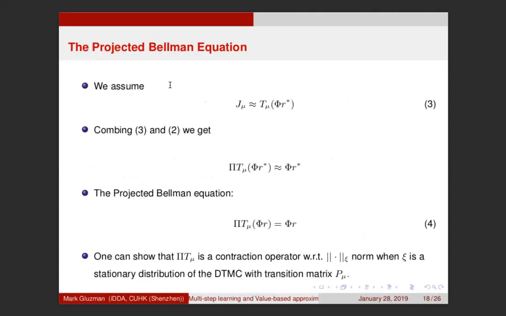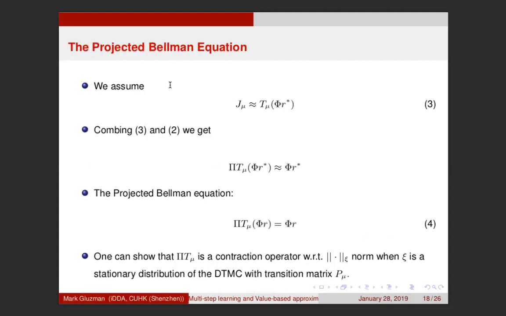To move further, we need to assume that if we apply a Bellman operator to the best estimation of the value function, it has to be equal to G mu. One can think about it as, let's assume that our approximation is exact, so that phi r star is equal to G mu.